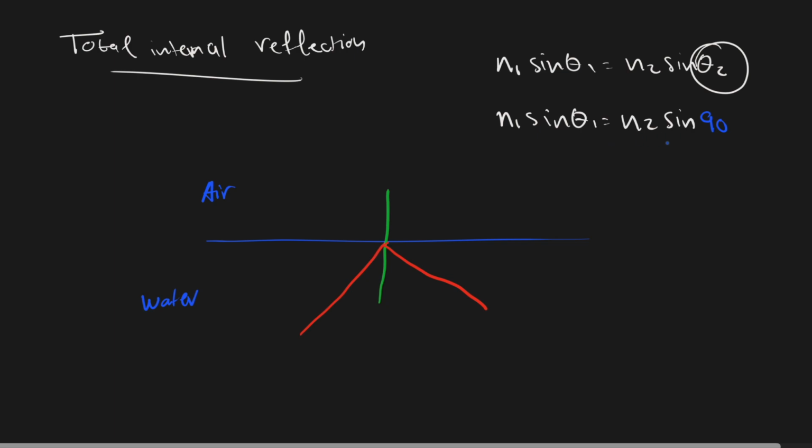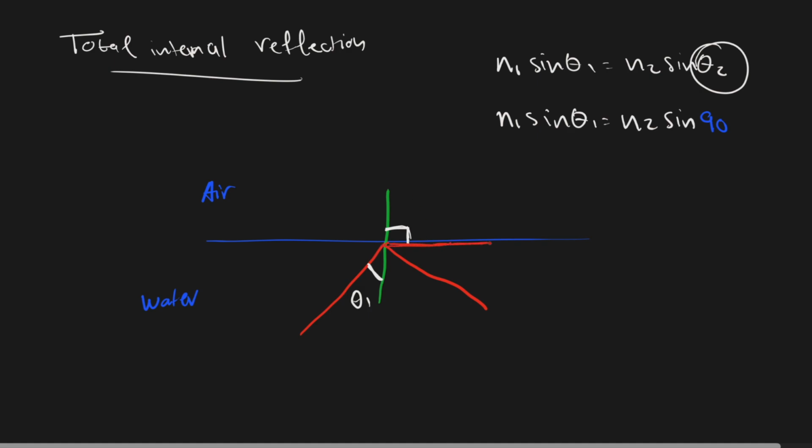And this is called the critical angle, because at some point when we have theta 1, we will have some theta 2 that is 90 degrees or more than 90 degrees. So we will not have refraction, but we will have reflection. So we have a beam of light that is going in this way.